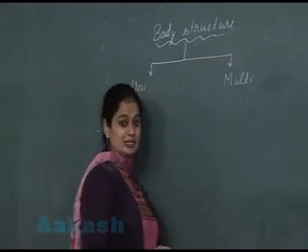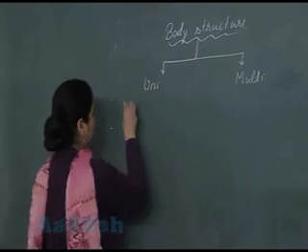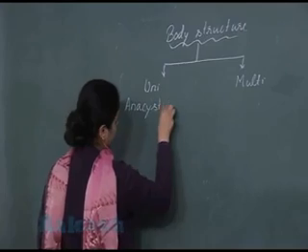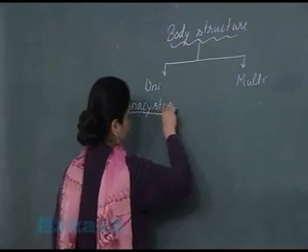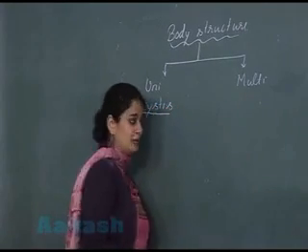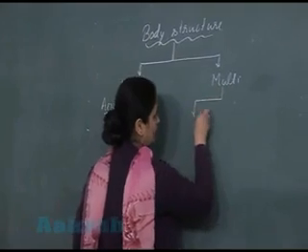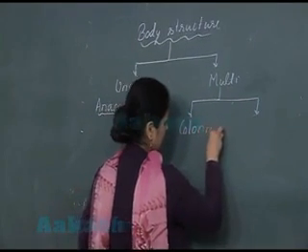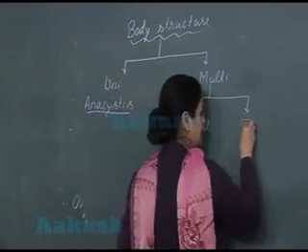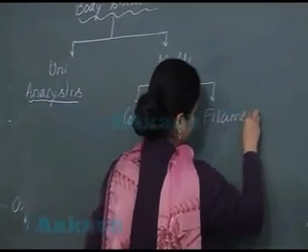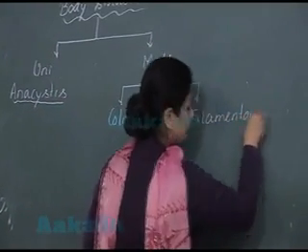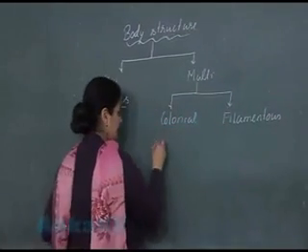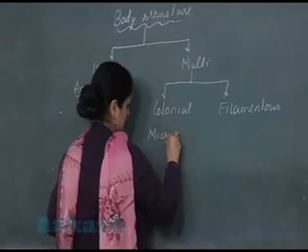I am writing one example of unicellular cyanobacteria, that is Anacystis. Multicellular cyanobacteria can be colonial or filamentous. One of the colonial cyanobacteria is Microcystis.